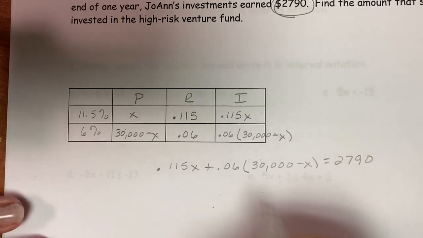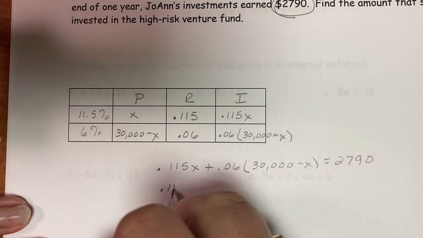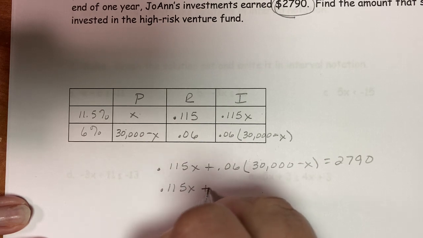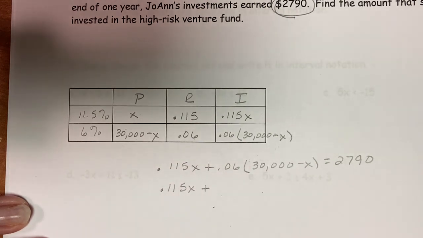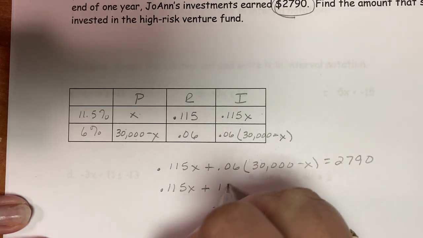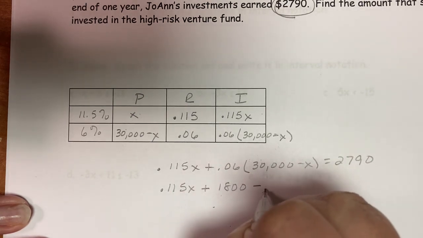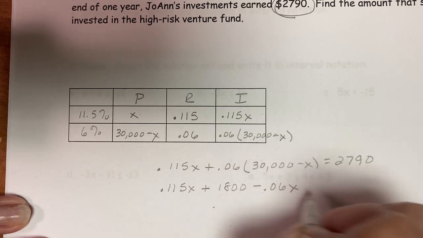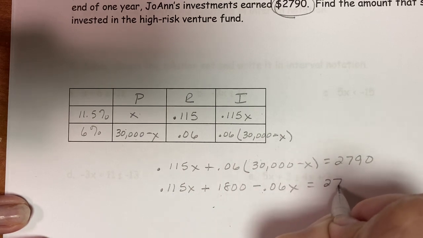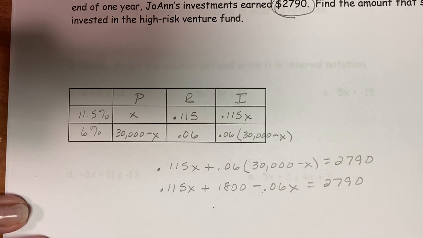Here we go, let's solve. So let's distribute 0.115x plus 0.06 times 30,000. Oops, I don't think that's right. Oh yeah, it is. 0.06 times 30,000 is 1,800 minus 0.06x, I distributed, is equal to 2,790.